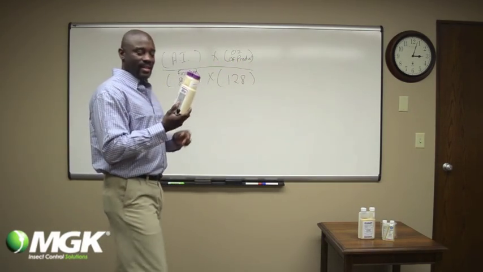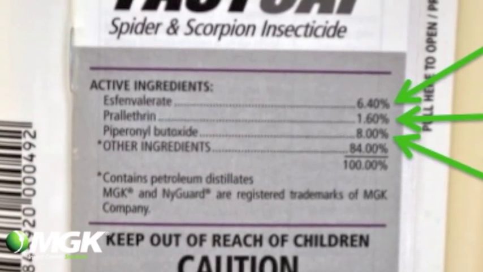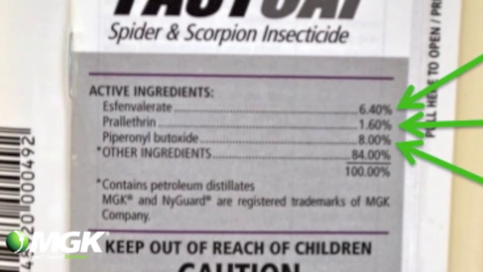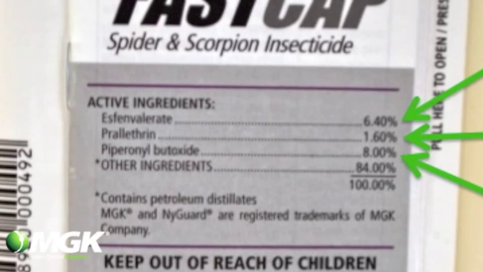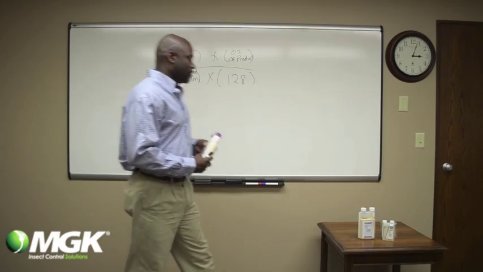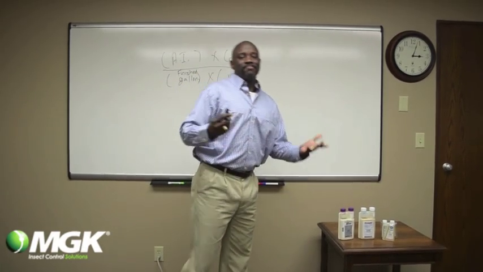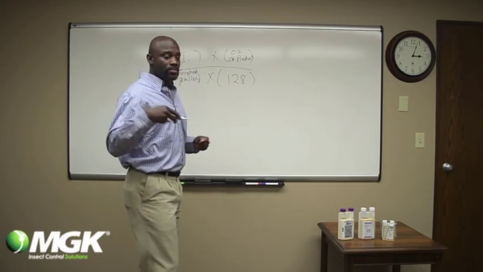So if you look at Fastcap, it's got 6.4% SFIN, but it also has 1.6% ETOC and 8% PBO. And what you'll need to know is what's the percent active of all those products together.